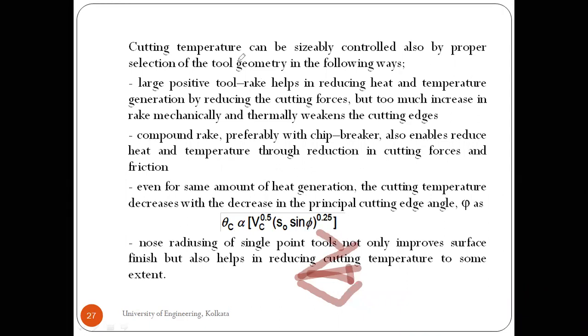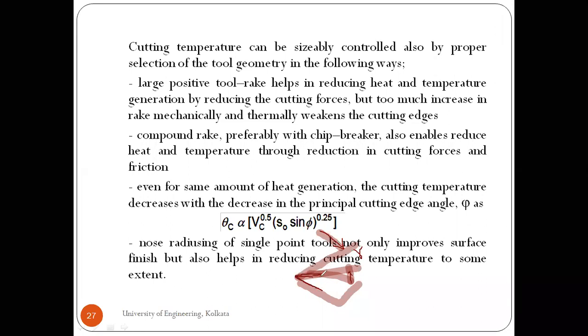Okay, let me select a smaller size. Okay, this one is your rake angle, gamma. Now if this rake angle is increased, that means this cross section decreases.